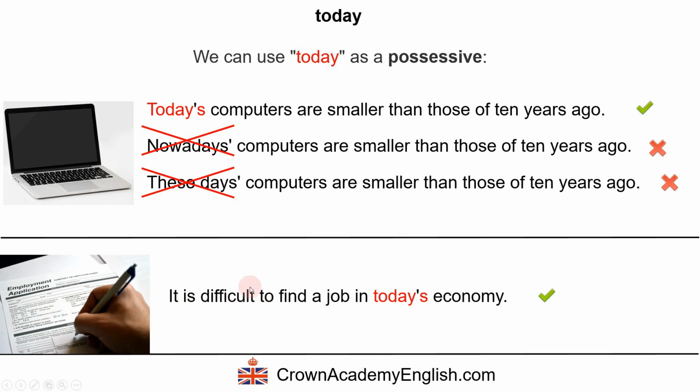So with the economy from maybe 10 years ago or 5 years ago, it used to be easy to find a job. But it is difficult to find a job in today's economy. So in the economy of today. The current economy is another way of saying this.